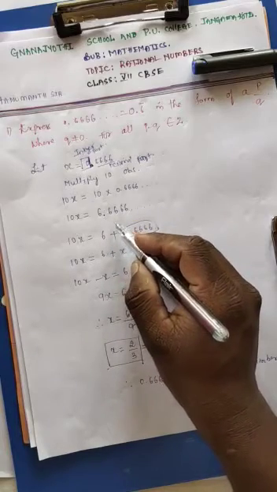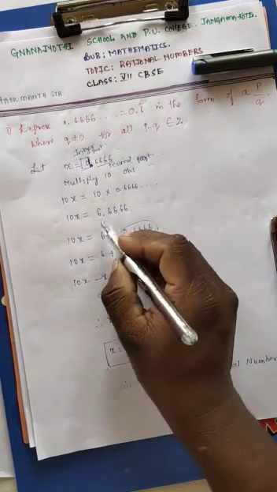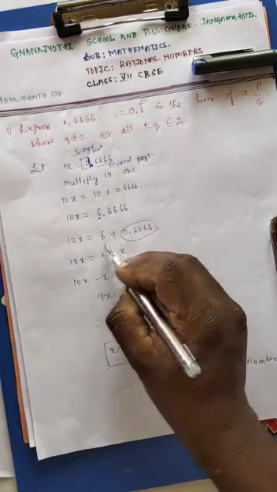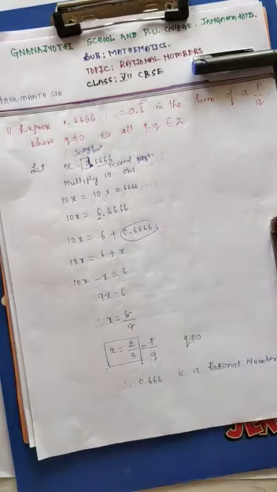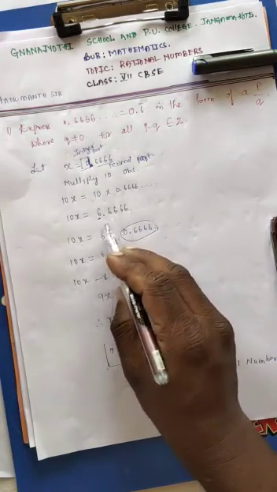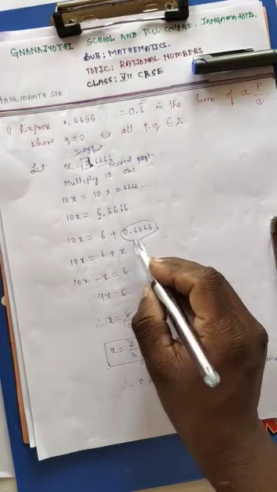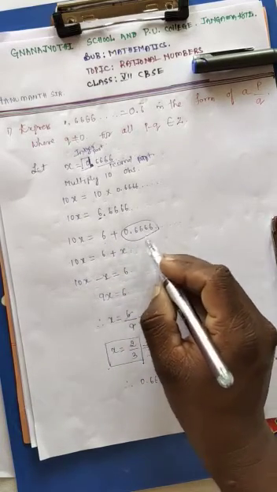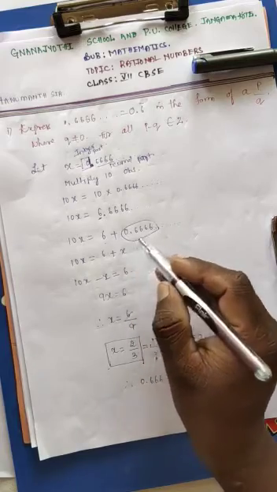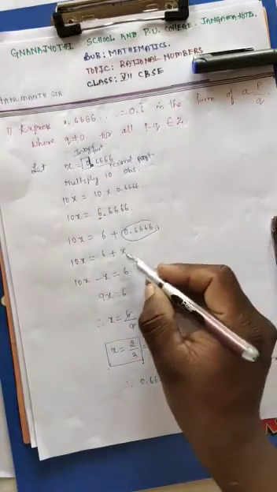The integer part is 6 and the decimal part is 0.6666. So after splitting the given decimal, we have 6 as the integer part and 0.666 as the decimal part.